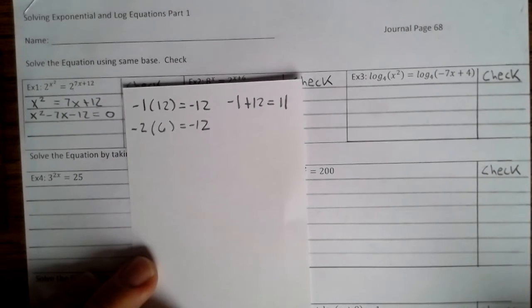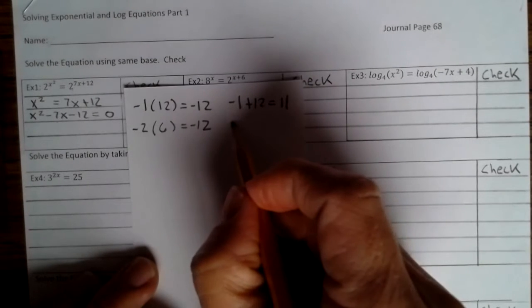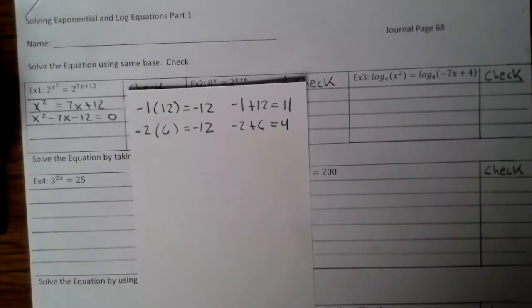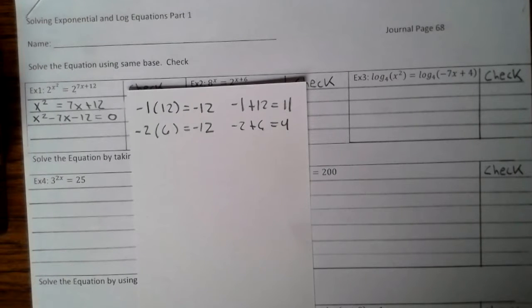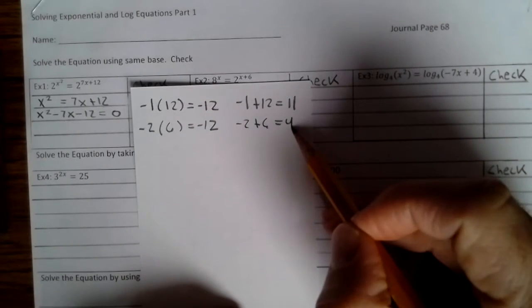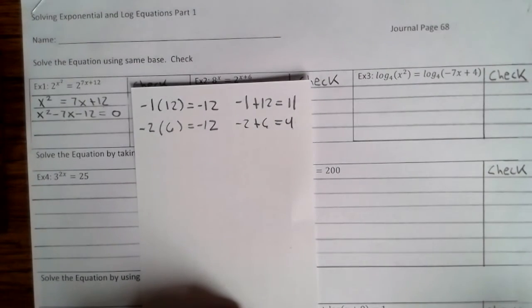Negative 2 and 6 is 4. Now the fact that 7 doesn't occur between 11 and 4 tells us that this is not factorable. So we're going to need to use the quadratic formula.